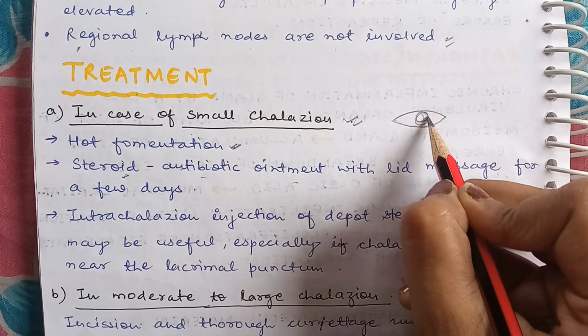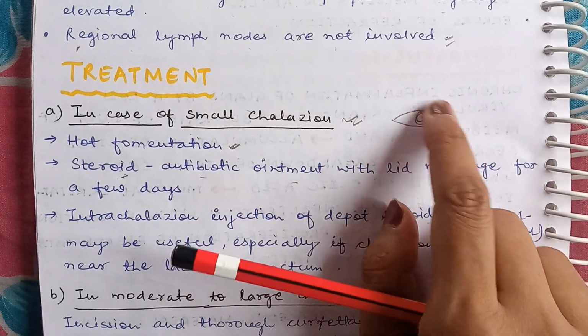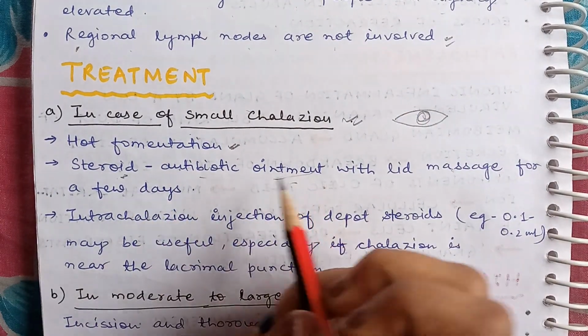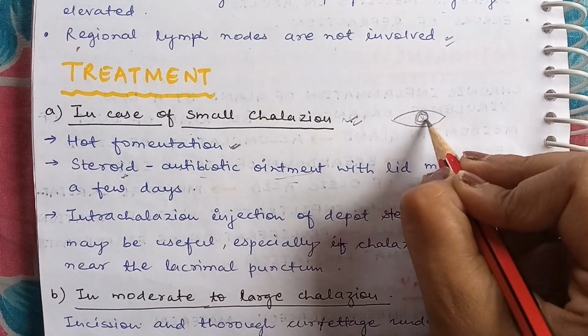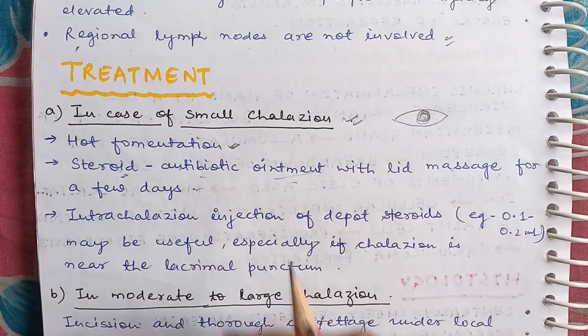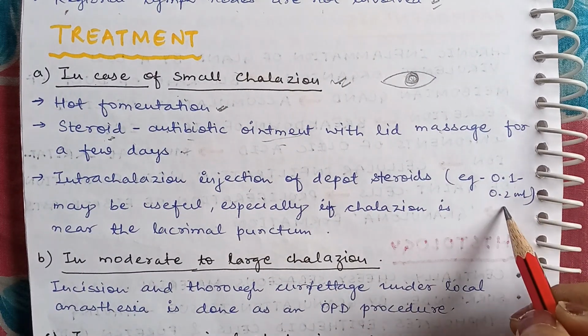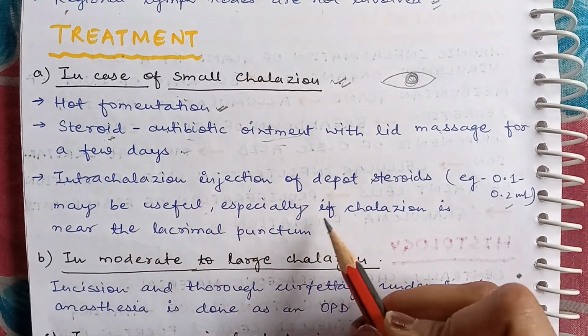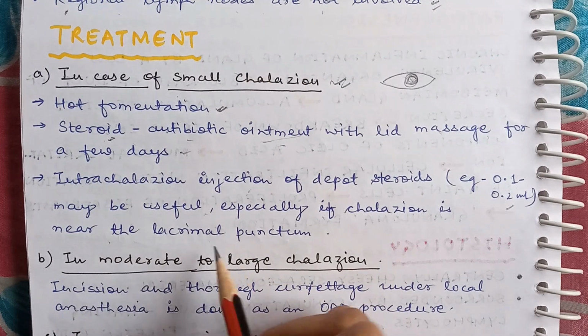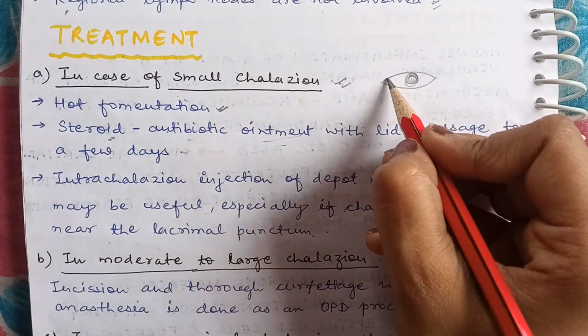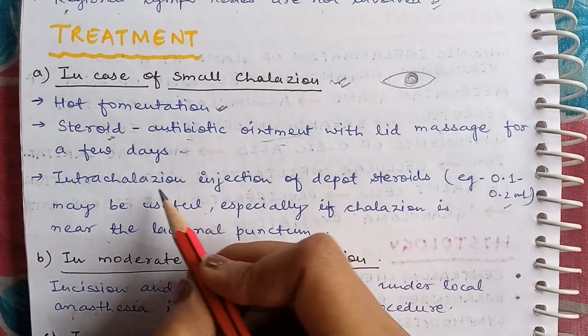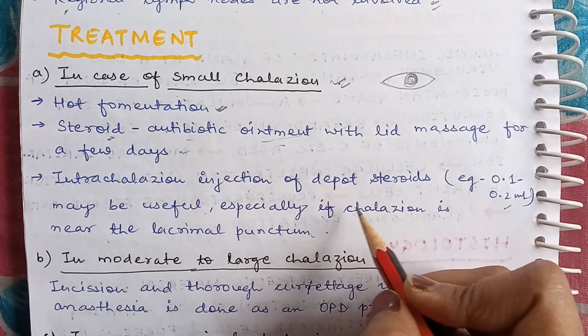We suggest the patient massage the eyelid with the ointment which doctors prescribe for a few days. Intralesional injection of depot steroid, 0.1 to 0.2 ml, may be useful, especially if the chalazion is near the lacrimal punctum.